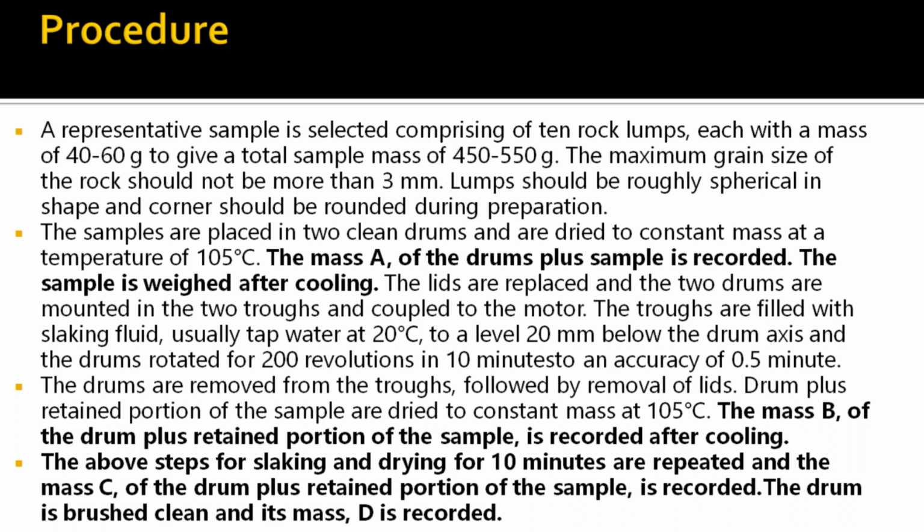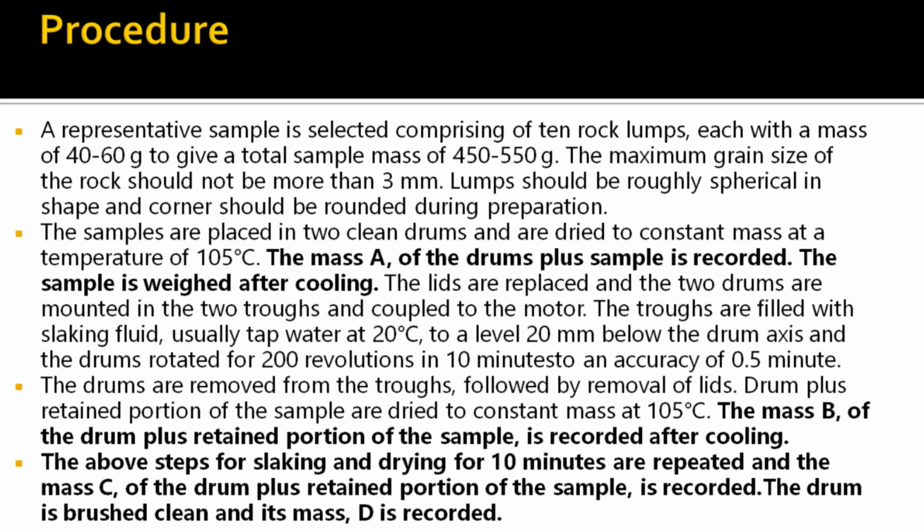We heat them up, we put them in those drums, we submerge them in water, then we rotate them. By rotation, we are actually agitating them and a certain amount of friction is being induced. Then after that, they are weighed again, then dried again, and we measure the loss in mass after agitation and being submerged in water. So each cycle consists of around 10 minutes.